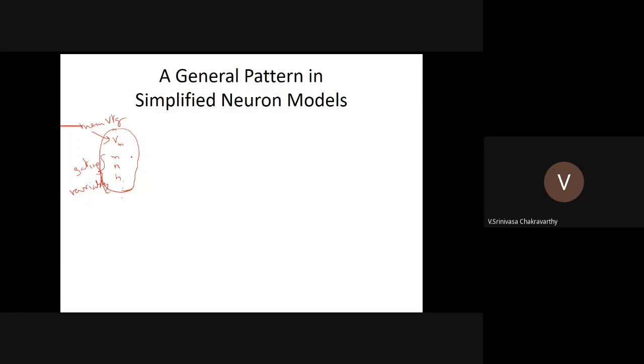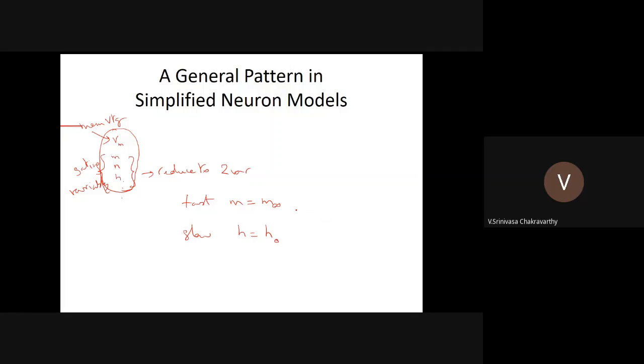Only now, what we have done in the simplified neuron models is reduce them to two variables. And how do you reduce them? If it is a slow variable, you just make it equal to some constant. If it is a fast variable, then fast means something like m equal to m infinity. Very slow means h equal to some h naught.